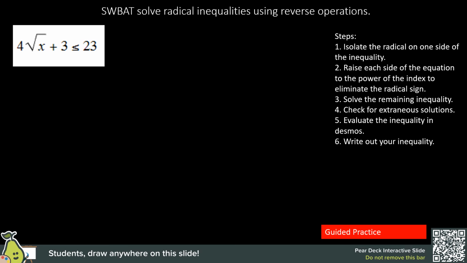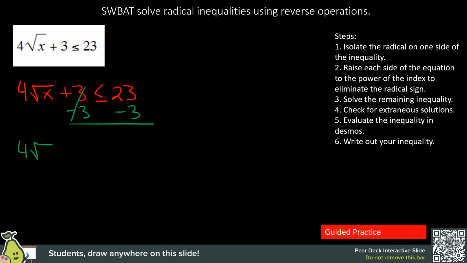Okay, so now I'm going to work this out here. So we've got 4 square root of x plus 3 is less than or equal to 23. We would first subtract 3 from both sides. That simplifies out. I would have 4 square root of x is less than or equal to 20.